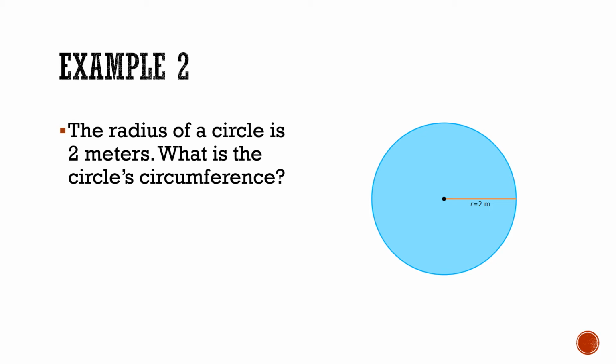Now, in example 2, I'm going to work this one 2 different ways because I want you to see how either of those formulas that I gave you can be used here. So again, I told you I almost always use pi d. However, in this problem, it's telling us the radius. So we can see that halfway through this circle here is a radius of 2 meters.